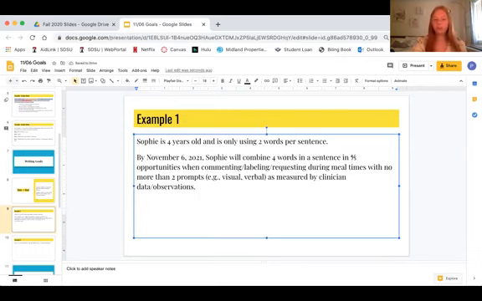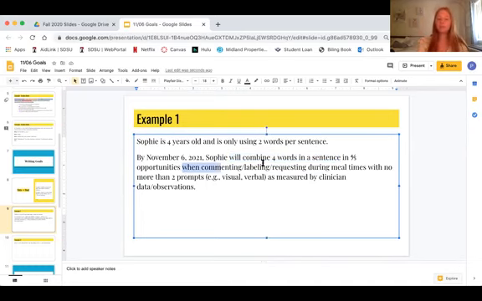You got to see a goal being written real time. So here you can see that we have our date by November 6th, 2021. We have our person, Sophie. We have what we want her to do, combine 4 words in a sentence, right? She's only using two words now, so we want to increase that next year by 2 words per sentence. In 4 out of 5 opportunities. Again, we'll talk a little bit more about what opportunity means because that's kind of a vague term.